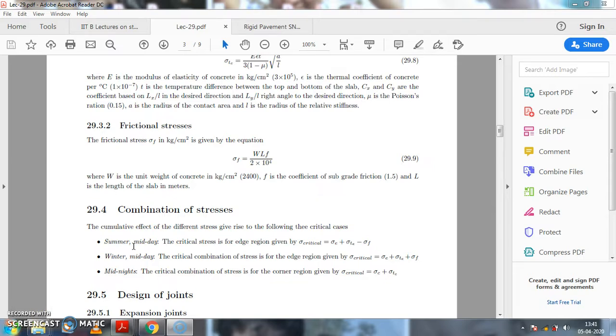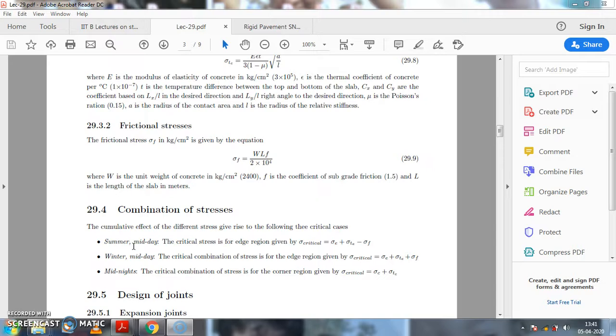Now I will discuss the combination of stresses. Please note down my words. The conditions are found to be much more critical as a combination. Suppose I talk about summer. The critical combinations at interior and edge regions occur when the slab tends to warp downward.